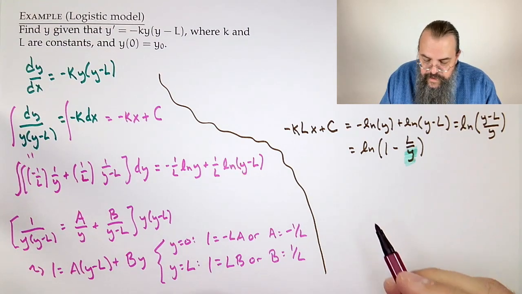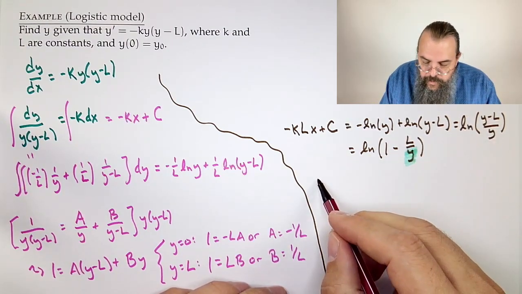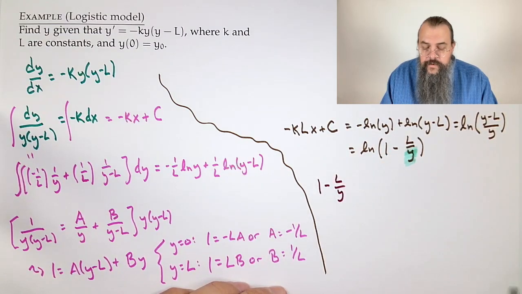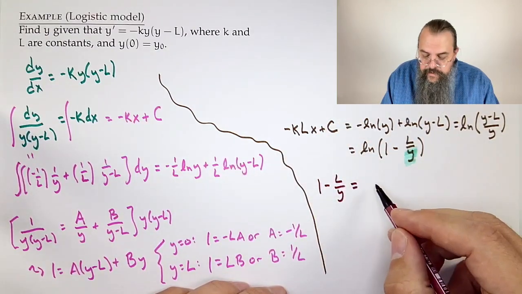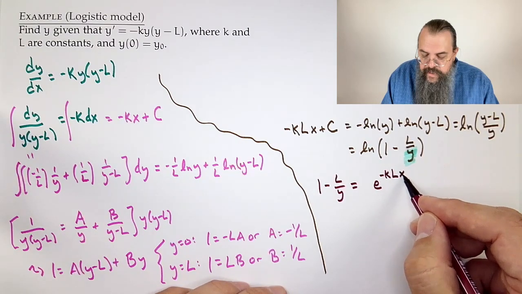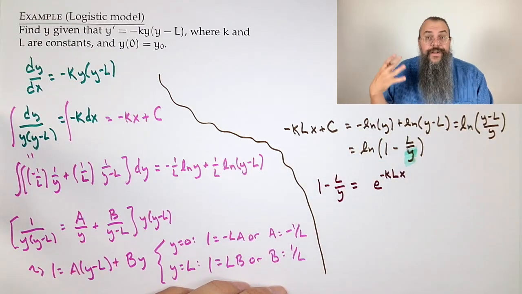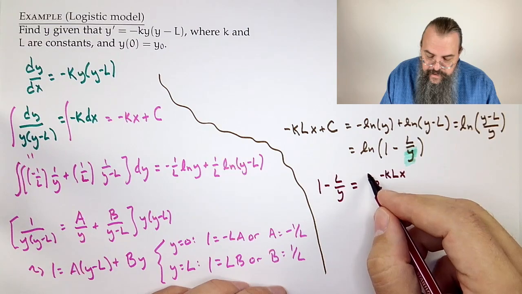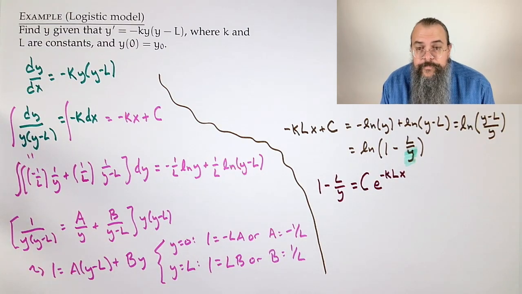All right, so e to the natural log becomes 1 minus L over y, because e and natural log undo each other, is equal to, now e to this, well, that's e to the minus k times L times x. And then we have what? Well, e to the c. Well, e to the c is a constant, similar to what we've done before. So, okay, constants absorb constants. We'll just write it as some constant c.